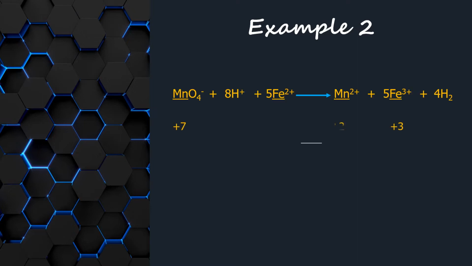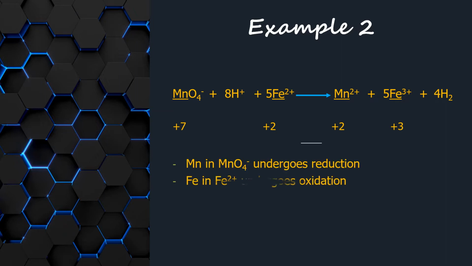So example 2 here. Since you have permanganate, with oxygen -1 as charge, the manganese itself, underlined, you have +7 as the oxidation number if you calculate it.